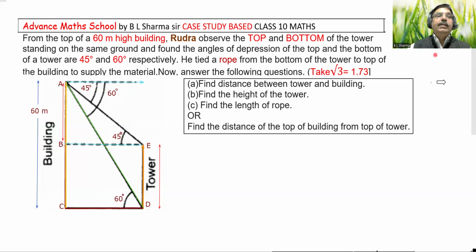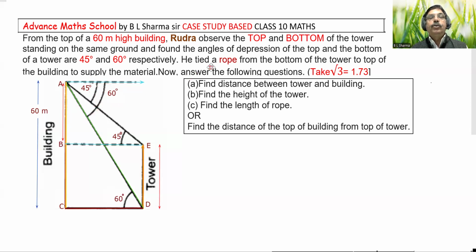So the case study question is on your screen. From the top of a 60-meter high building, Rudra observed the top and bottom of the tower standing on the same ground and found the angles of depression of the top and the bottom of the tower to be 45 degrees and 60 degrees respectively.